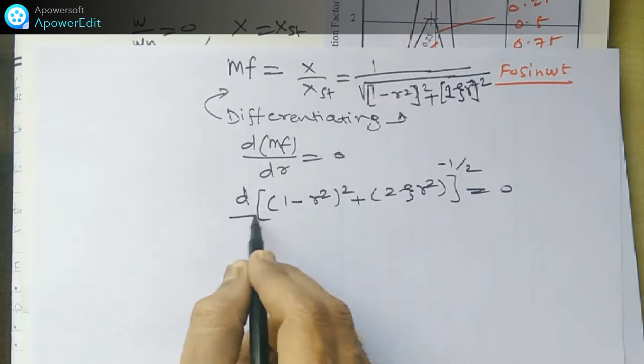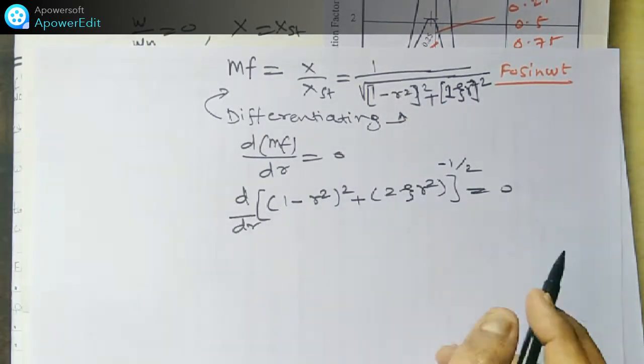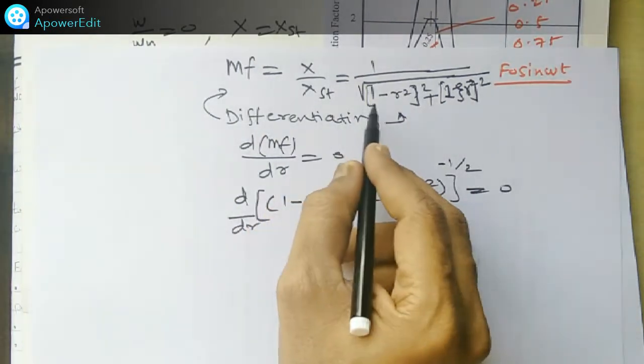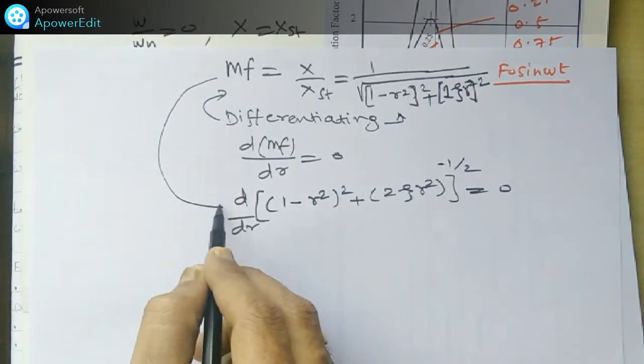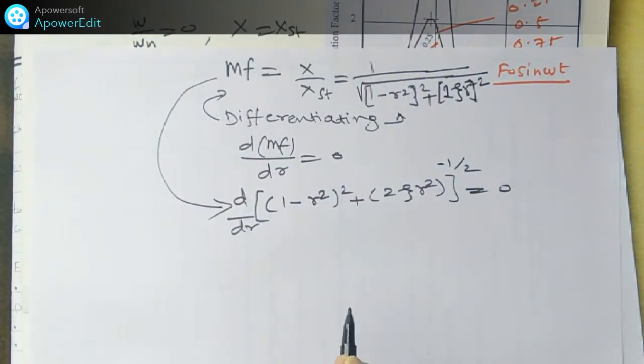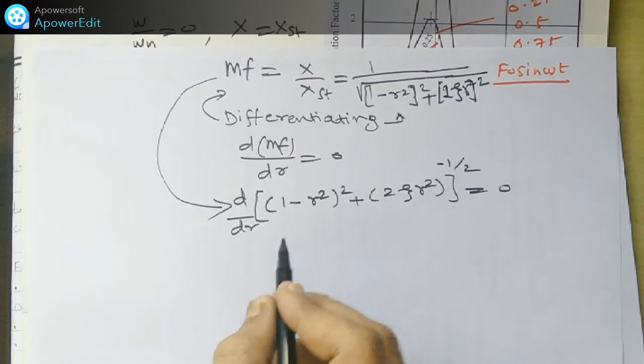D by dr, differentiation of this equation we are doing here. After differentiation, what is the next step?